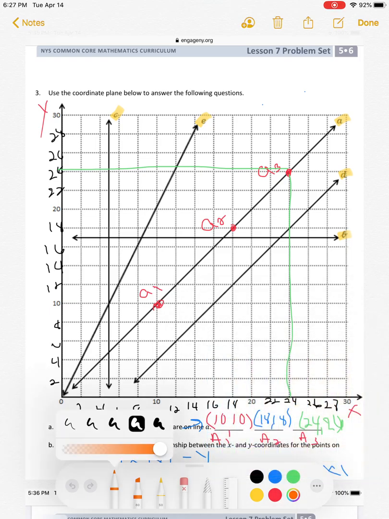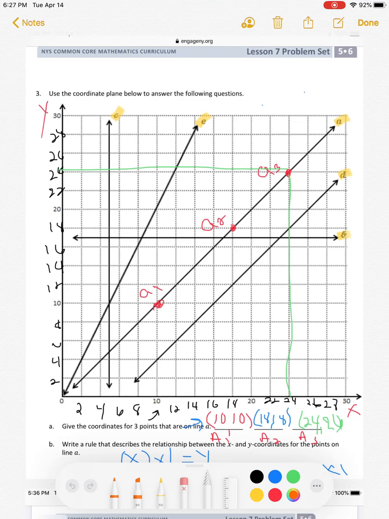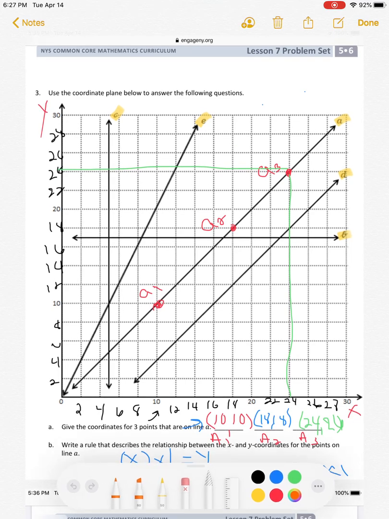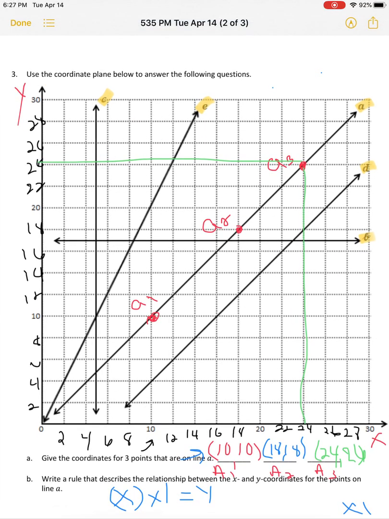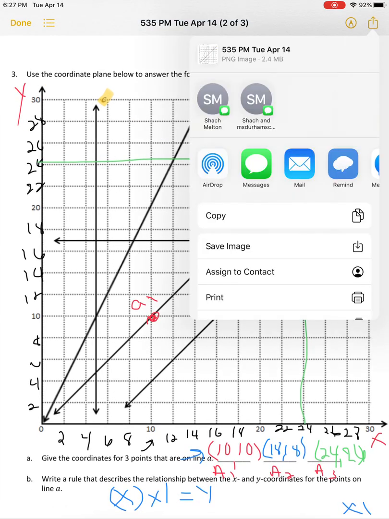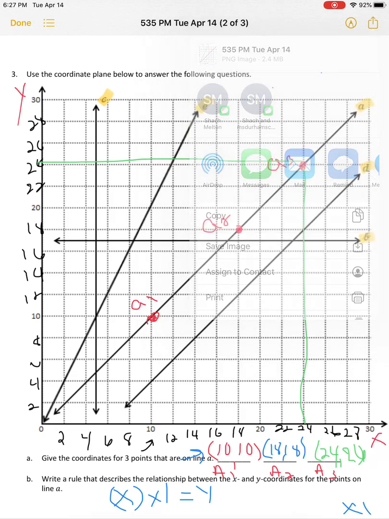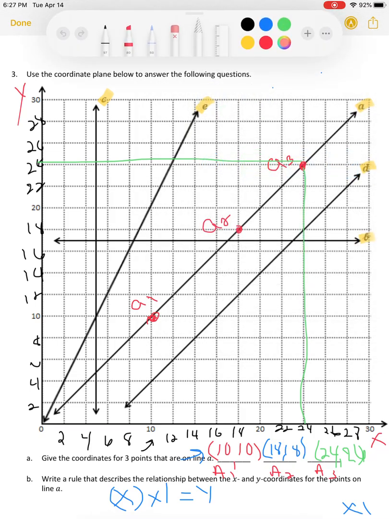So remember, 12 on the x-axis on line D. And then where's line D? Line D is here, so my point would be there.